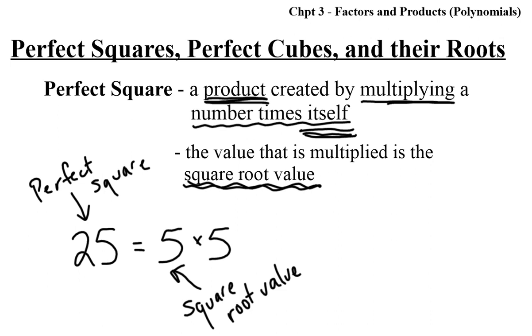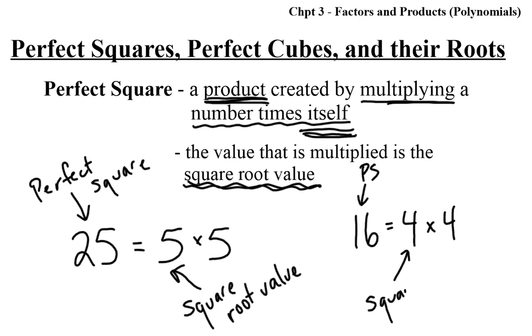If I wanted a perfect square, 16 is the perfect square, but 4, because 4 times 4, that would be the square root value. So understand the difference between those two things. Not a big difference, but significantly different in what they represent.